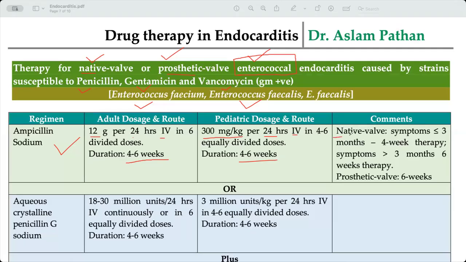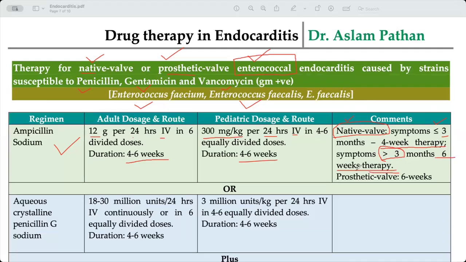If the patient has native valve endocarditis and the symptoms are less than 3 months, then use 4-week therapy. If the patient again has the native valve and symptoms are more than 3 months, then we need to use 6 weeks therapy.